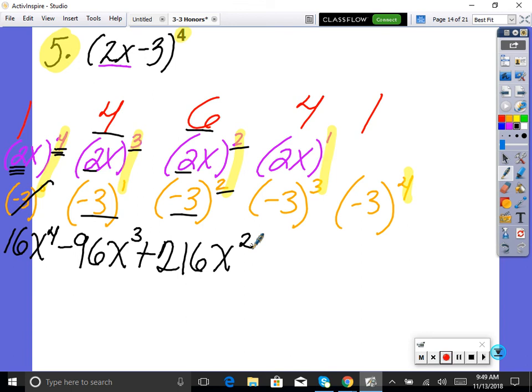So we have 4 times 2 times negative 3 to the third, so negative 216x. And then negative 3 raised to the 4th power is plus 81. Positive, negative, positive, negative, positive. Okay, sweet. Look at that. Usually where people make errors, they don't take the 2 to the 3rd power.